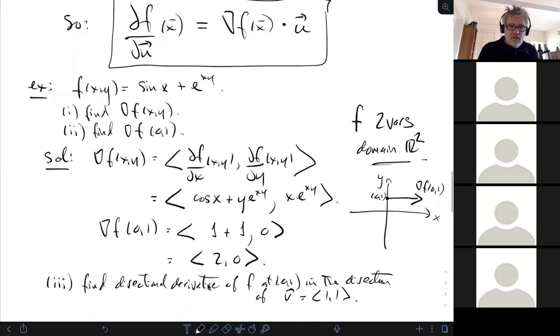Okay, so extra question here: directional derivative of this function at that same point, 0, 1, in the direction of v. And there you see the typical trap I told you about. You see that in a lot of engineering exams, calculus for engineers exams. You look at that vector v and you notice it's not a unit vector. So you have to be careful, okay?